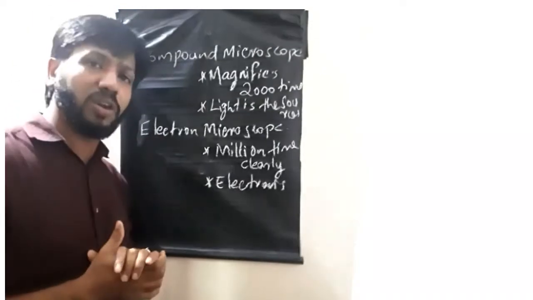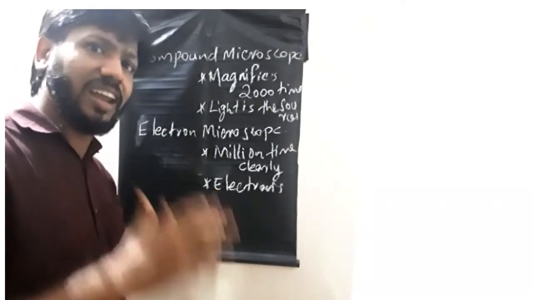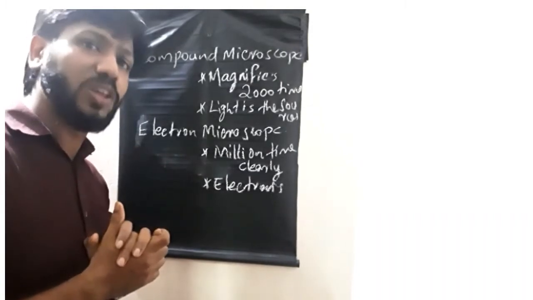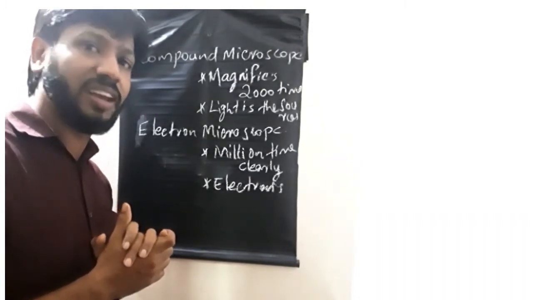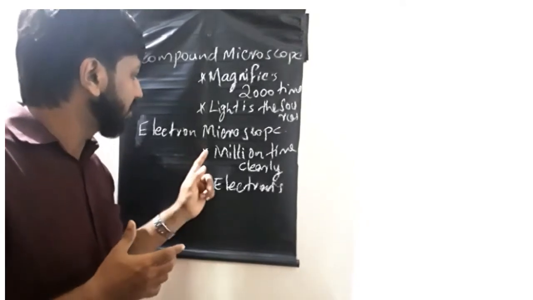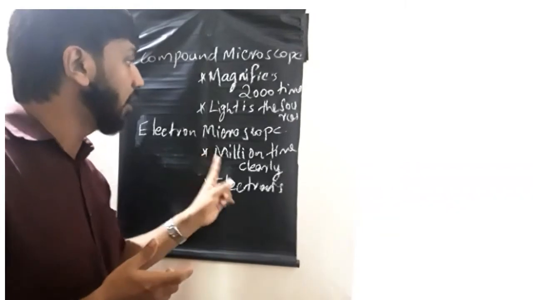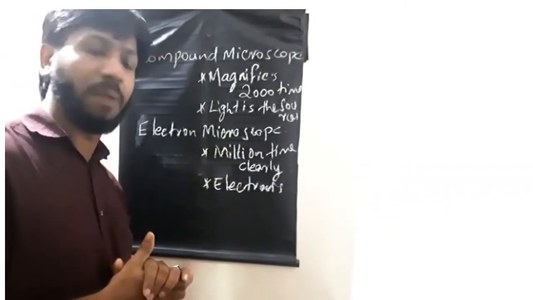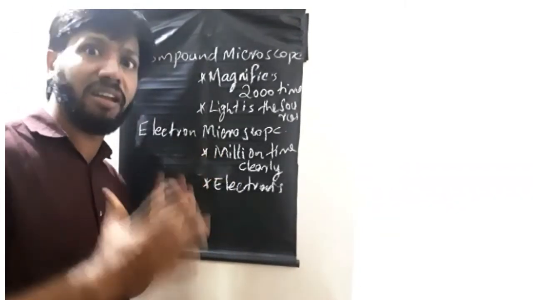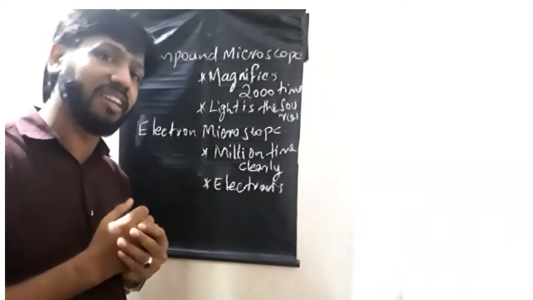Whereas electronic microscope is not familiar to you all, because the electronic microscope is mainly used in laboratories and big labs. Here, we can magnify the object about a million times clearly.